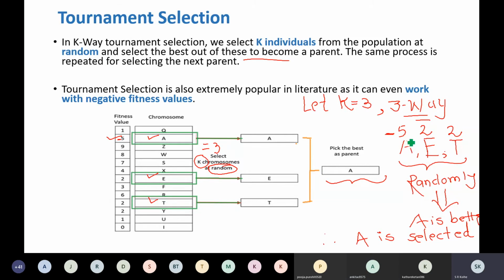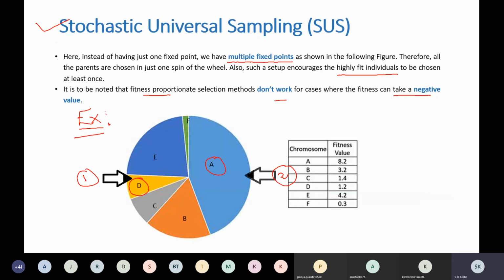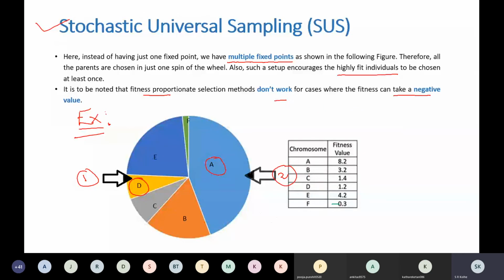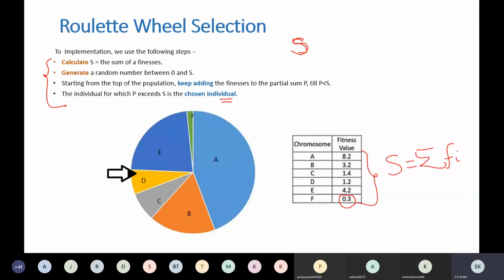Okay, that's not the case in fitness proportionate selection. What will be the problem if some solution has a negative fitness value? Why can this not be done with these previous 2 methods? Why will it not work in a situation like this?